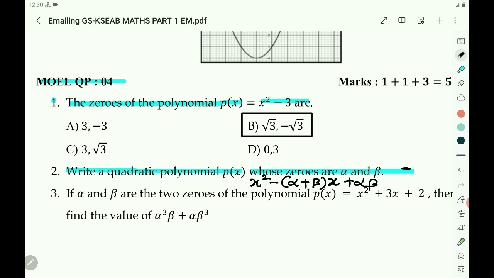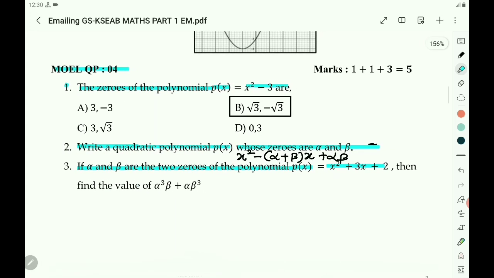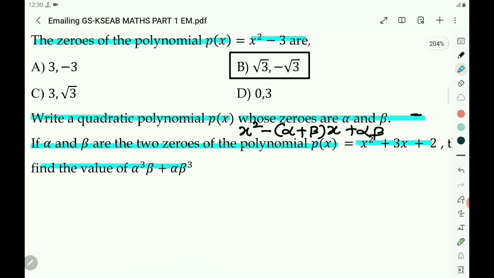This is the polynomial with the zeros alpha and beta. Next question, if alpha and beta are the two zeros of the polynomial p of x equals x square plus 3x plus 2, then find the value of alpha cube beta plus alpha beta cube.